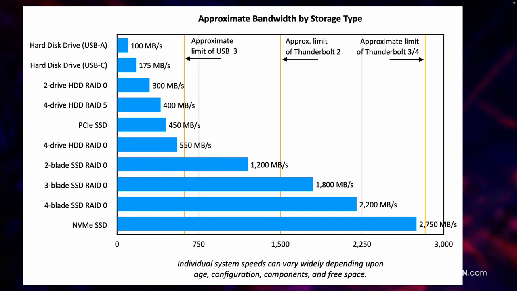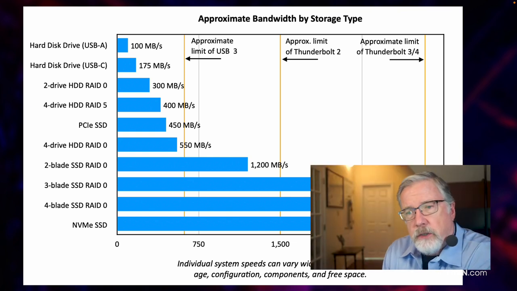If you get a modern hard drive connected via USB-C or Thunderbolt, more than double the speed, 175, 200 megabytes a second. Combining two drives together into a RAID 0 doubles it again, 300 megabytes a second. A 4-drive HDD RAID 5, which reserves one drive for protection in case a hard drive dies, 400 megabytes a second, which is roughly the same as a slower SSD called a PCIe SSD.